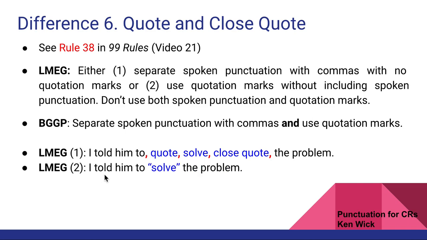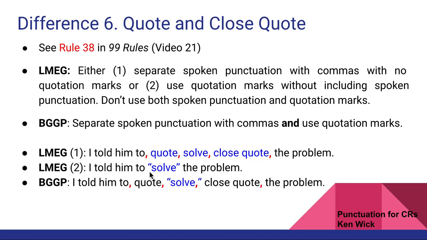Situation number 2 is I told him, quote, solve, quote, unquote, the problem. You just use quotes with no spoken punctuation. The BGGP would say I told him, quote, solve, close quote, the problem. So here you'd include the spoken punctuation and the quotation marks. So there's that one.